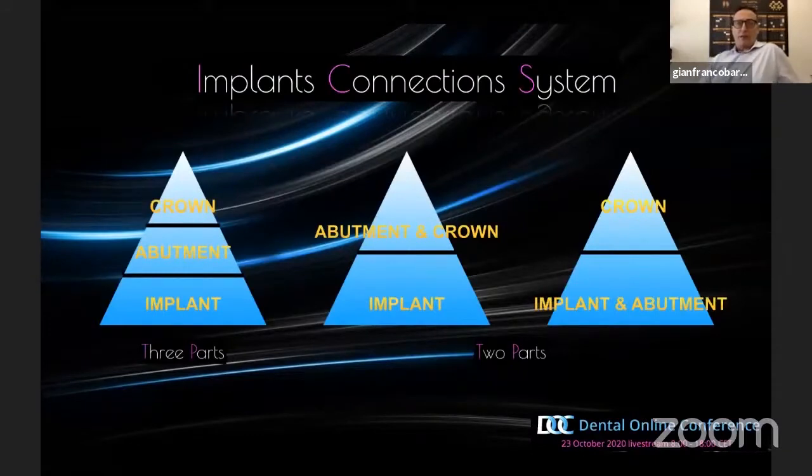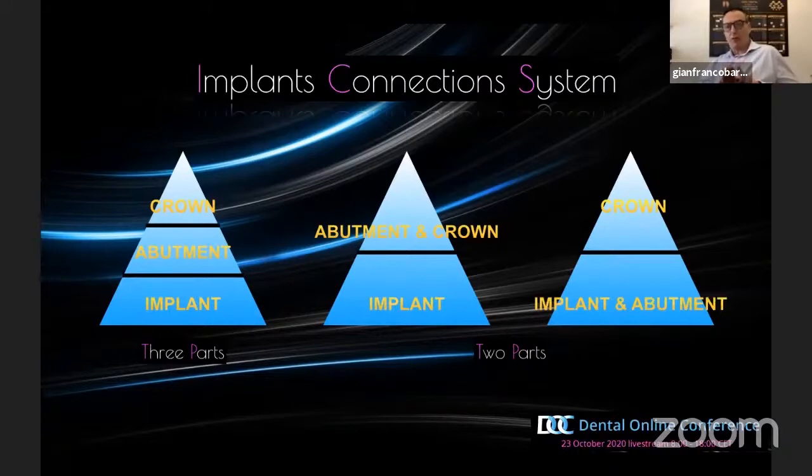We can do this kind of restoration in different ways with different systems. We have the three-part restoration that includes implant, abutment, and crown. We also have the possibility of a restoration on implant in two parts, in which the implant supports an abutment and crown in one piece.